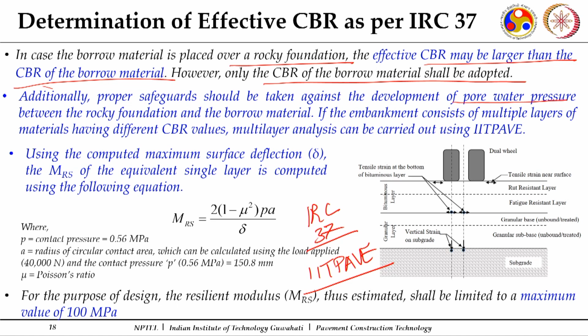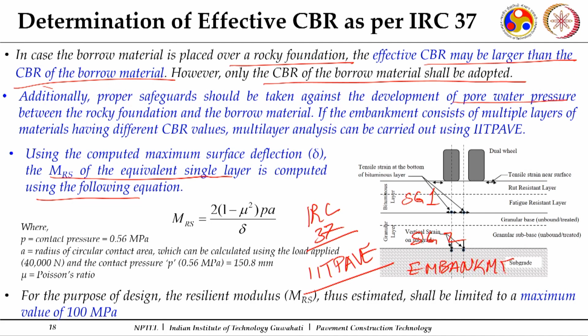Another important aspect: a simplified version, if I want to work out the resilient modulus of a single layer. Here it is given as bituminous, granular and soil subgrade, but I can consider it in a different manner: subgrade layer 1, subgrade layer 2 and an embankment layer.